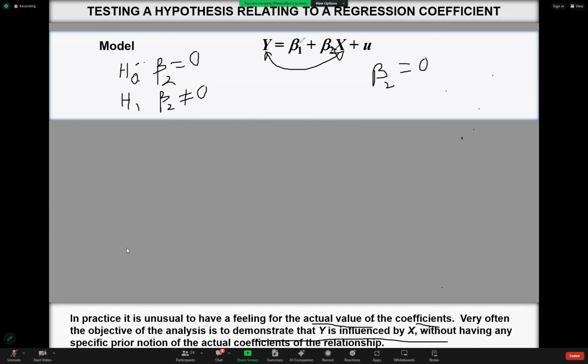Okay. If you accept the null, that means there is no relationship between X and Y. If you reject it and accept the alternative, that means there is a relationship between X and Y. Now I am going to explain how to do this test.